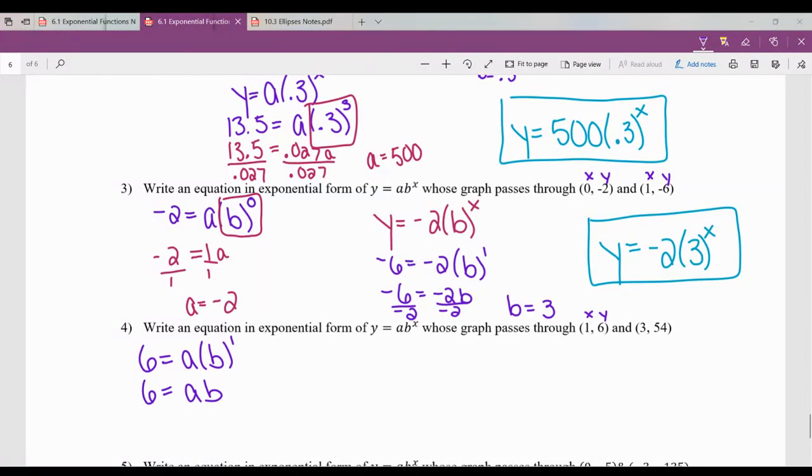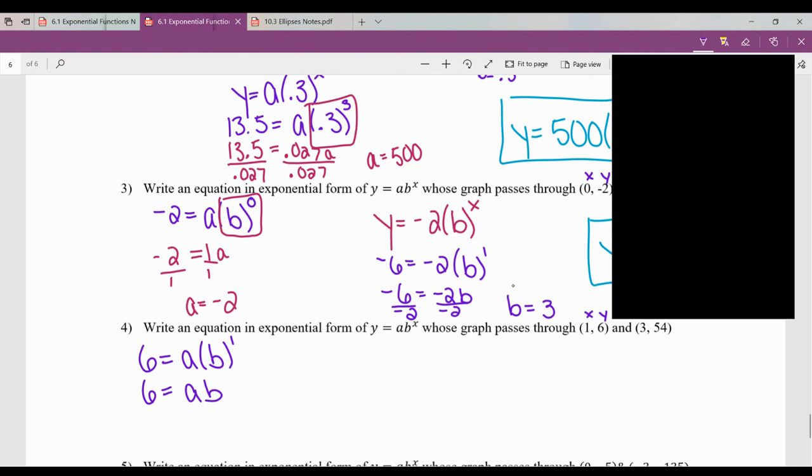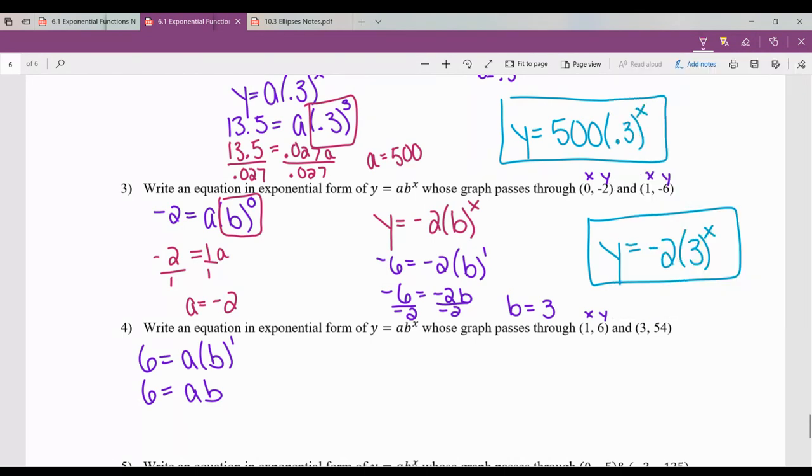So I'm going to hold off on that for 1 second. I'm going to do the next point, and I'm going to fill in the x and the y for this one. So 54 equals a times b to the 3rd.